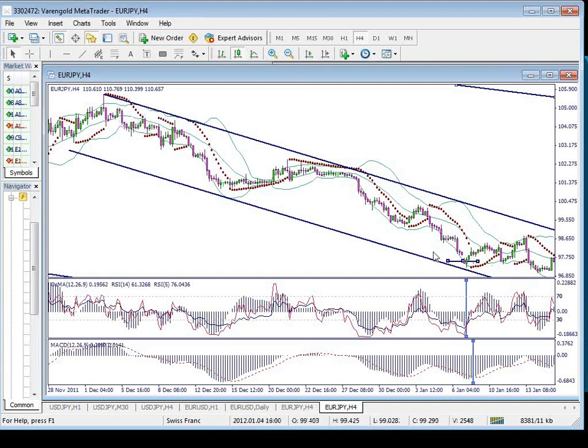This was one special situation because I have the signal on daily, and also I have the signal on 4 hours. So on this channel, 1, 2, 3, 4 waves. I will not put more lines because I also have to draw some other things.